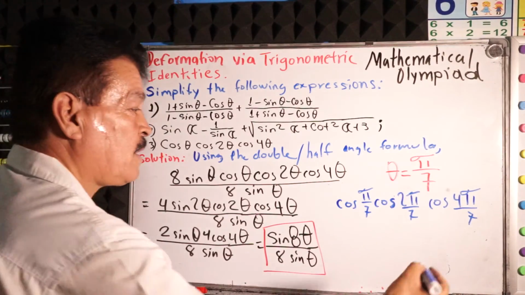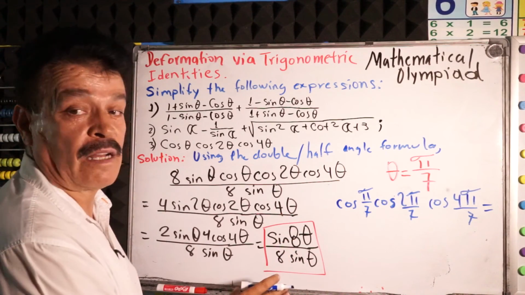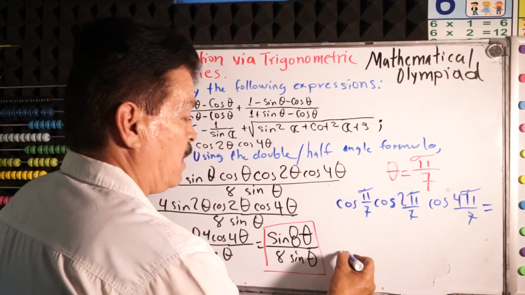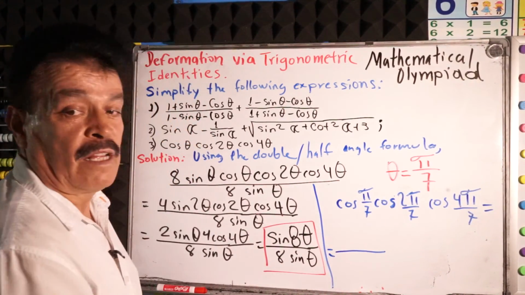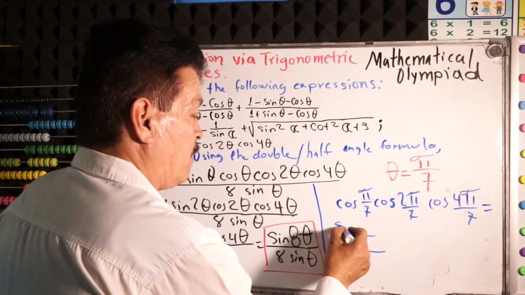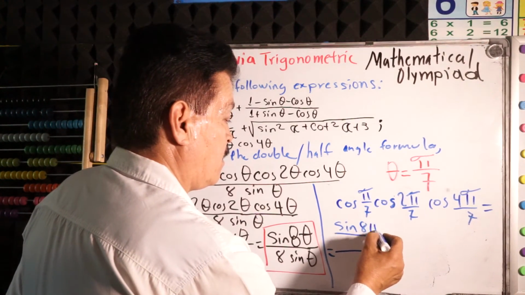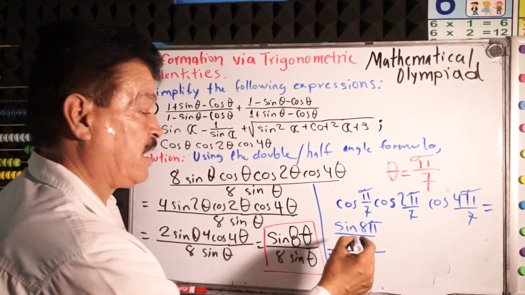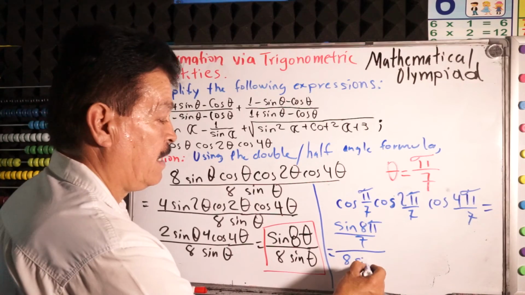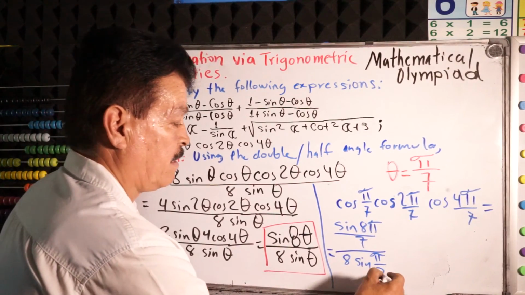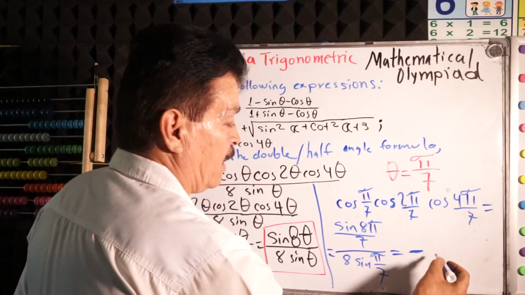This will be, as an example, just to explain our problem simply. We will have on top sine 8 pi divided by 7, in the bottom 8 sine pi divided by 7. So if you simplify all this, the answer will be equal to negative 1/8.